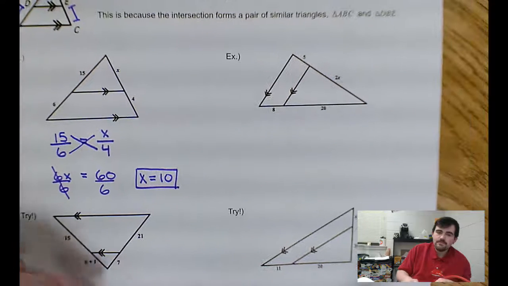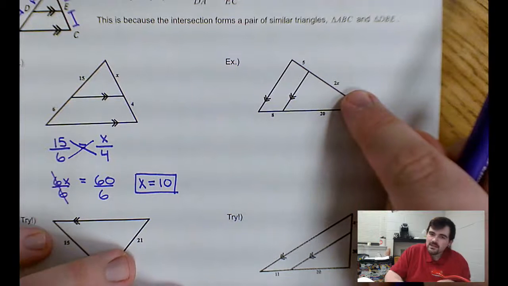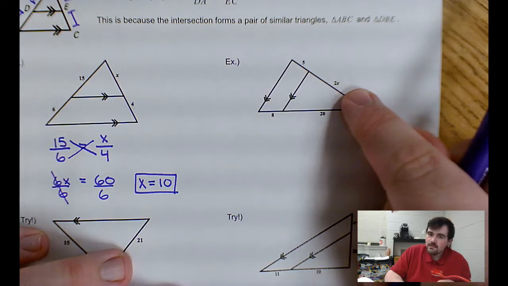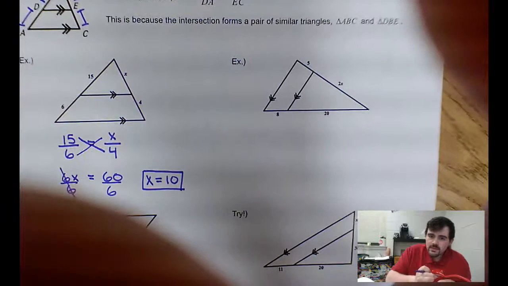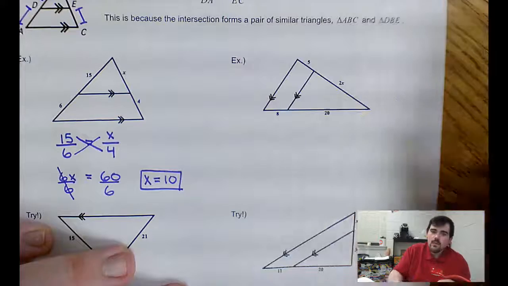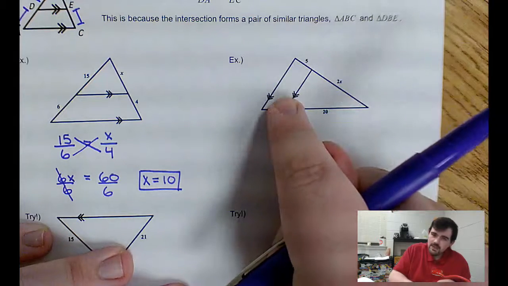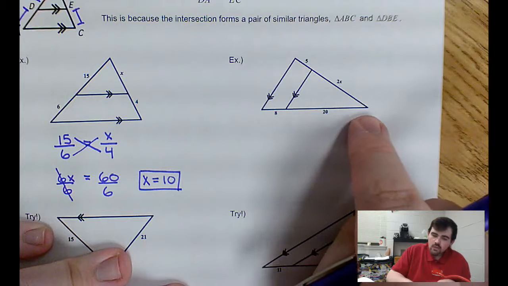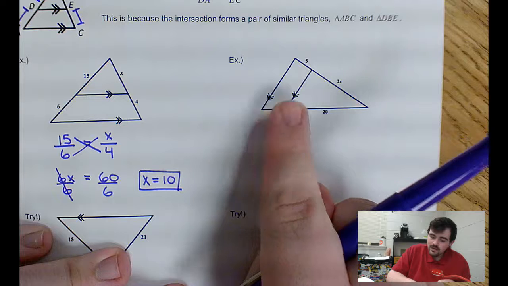Let's look at another one. Now look at this next one. I'm not solving necessarily for a side length here. I'm finding the value of x that works. So let me focus my camera a little bit. This line segment intersects with my triangle. The horizontal side on the bottom is divided at a 20 to 8 ratio.